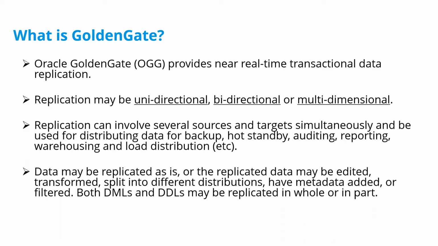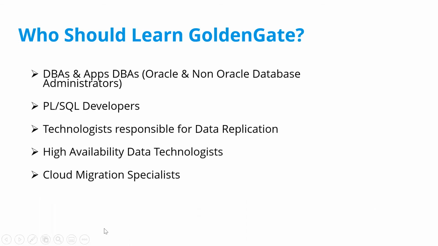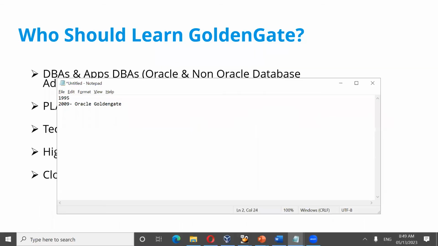Now, one more thing I want to tell you with GoldenGate is, another advantage is your GoldenGate source database and target database can be on different platforms as well. So your source can be, say, for example, a higher version 19C or 21C, and target can be 11G. GoldenGate can replicate the data.